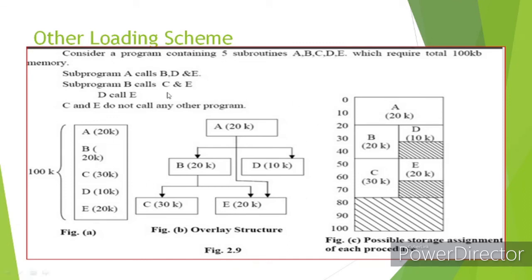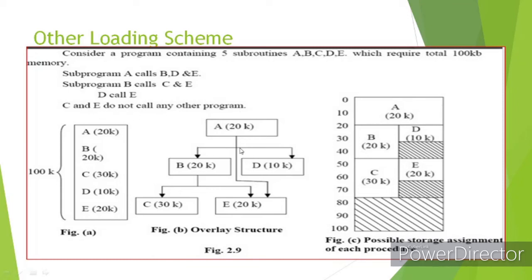This is the other loading scheme, the overlay. We consider a program containing five subroutines A, B, C, D, E, which require a total of 100 KB memory. Subroutine A calls B, D and E, and subroutine B calls C and E. Then D calls E, and C and E do not call any program.